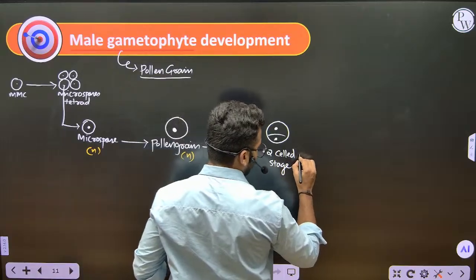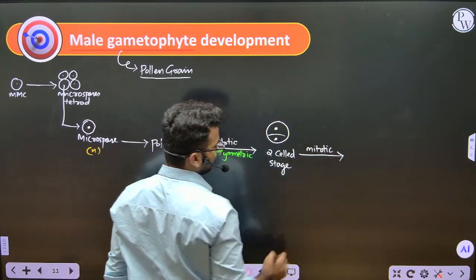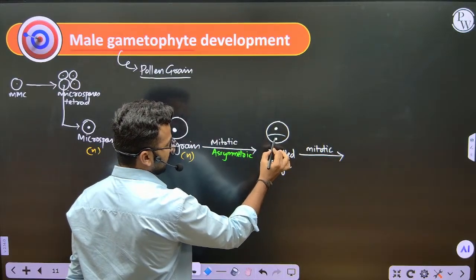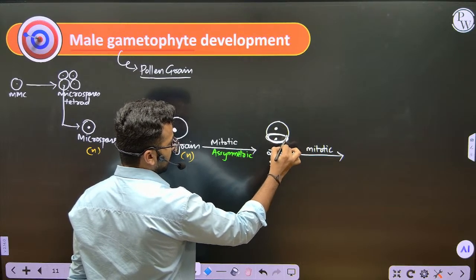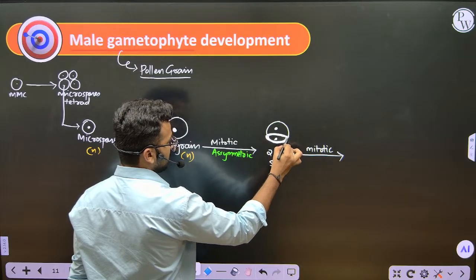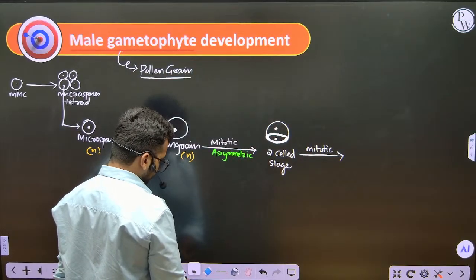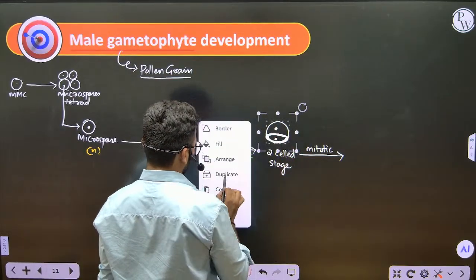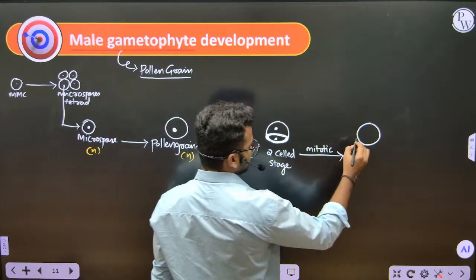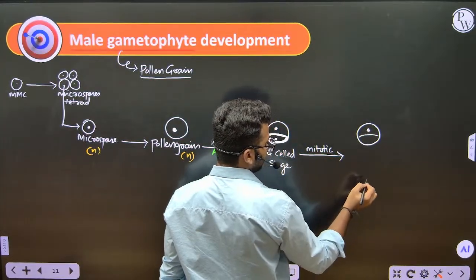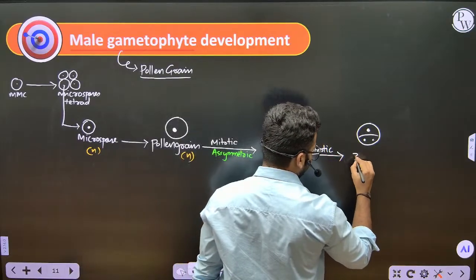The same one will show another mitotic division, in the lower cell. When it shows another mitotic division, now it will become three-celled stage. Initially one was there and it will become three now like this. So it is three-celled stage.